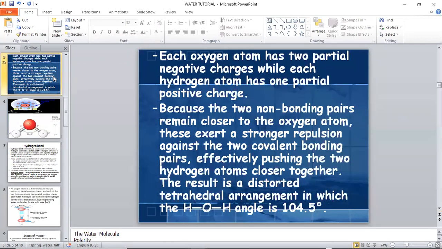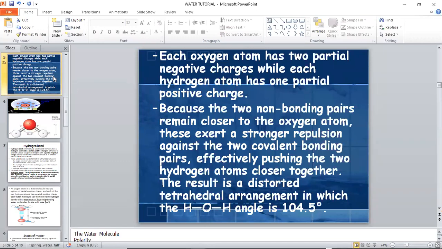So when you look at the oxygen atom, it has 2 partial negative charges, as we will see on the diagram that I will show, while each hydrogen atom has only 1 partial positive charge.